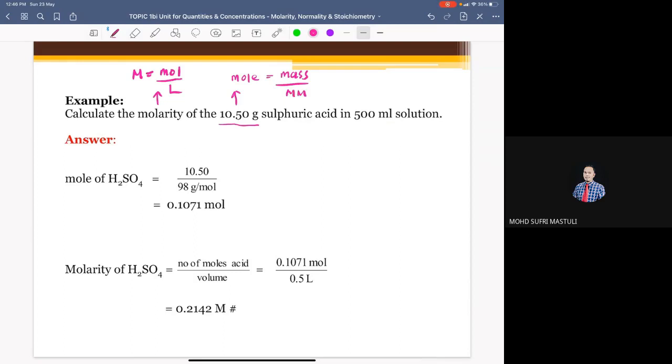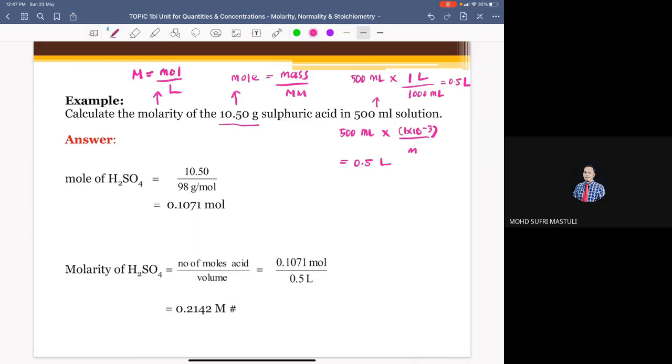And this 500 milliliter has to be converted into liter. 1 liter is equivalent to 1000 ml, and then you obtain 0.5 liter. Or another way, you can calculate 500 ml times milli, 1 to the power of minus 3, and get the same answer, 0.5 liter.